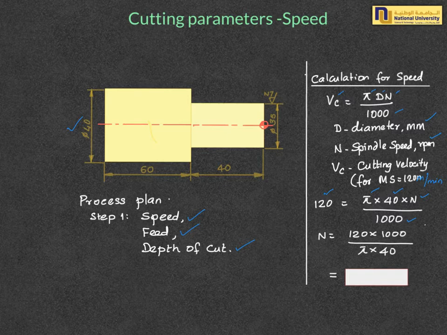So n will be equal to 120 multiplied by 1000 divided by pi times 40. So the answer will be 956 revolutions per minute, RPM. So 956 RPM is the maximum spindle speed which we can have for this workpiece to machine the 35 millimeter diameter.